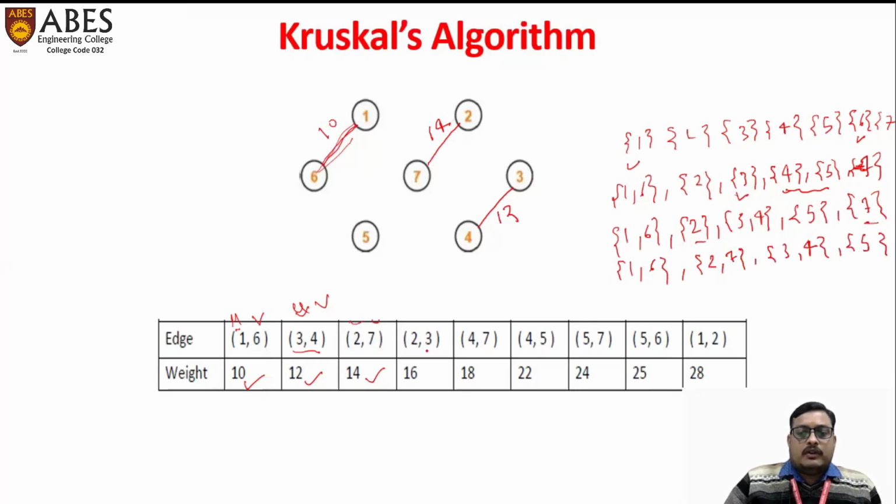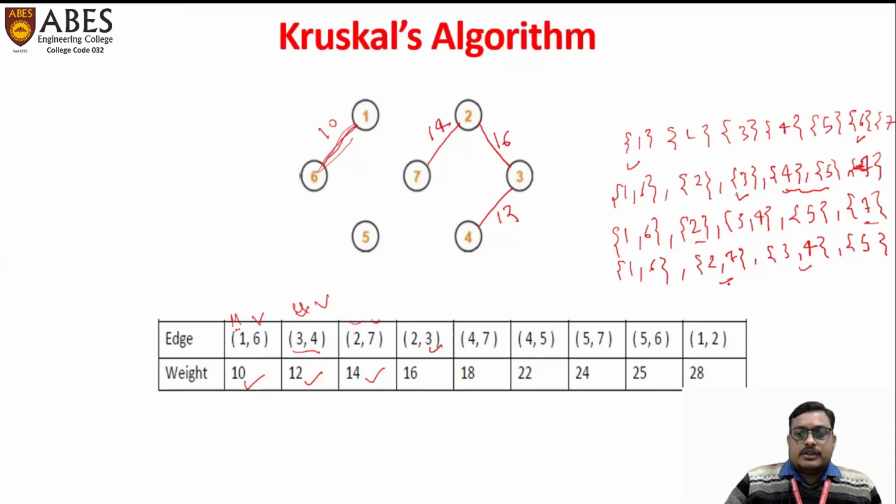Again, we'll take this 2 3. Before connecting 2 and 3, we will check whether 2 and 3 belong to different sets or not. Yes, 2 belongs to this set and 3 belongs to this set. So there is no issue. We'll just connect 2 and 3 with the cost of 16.